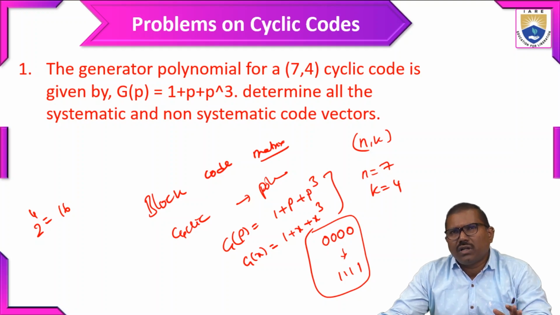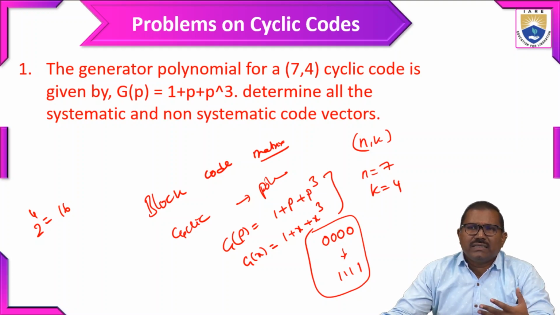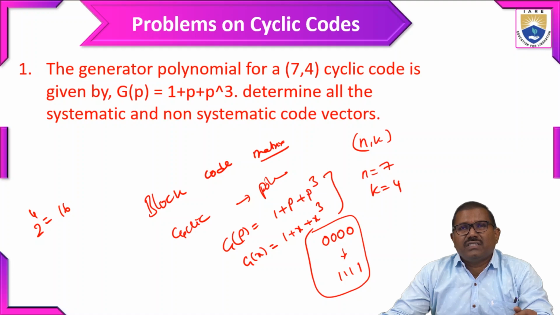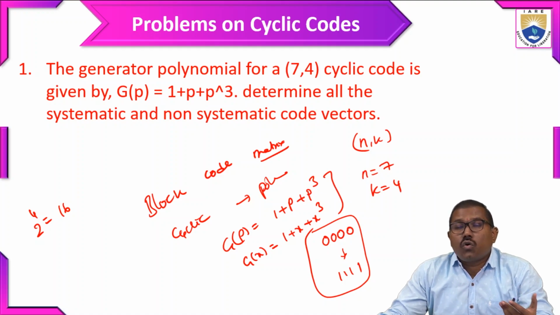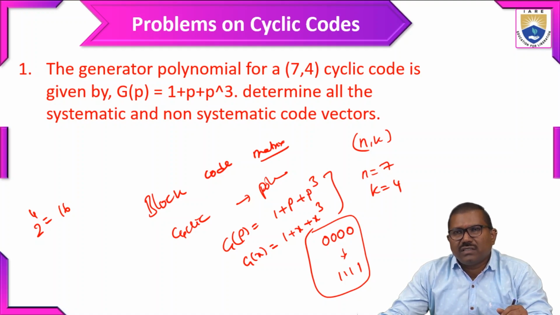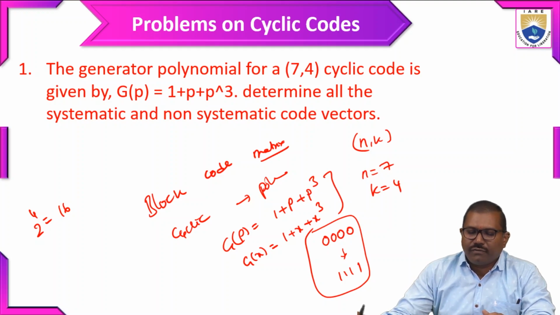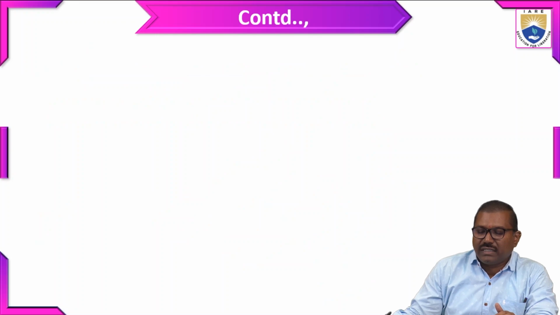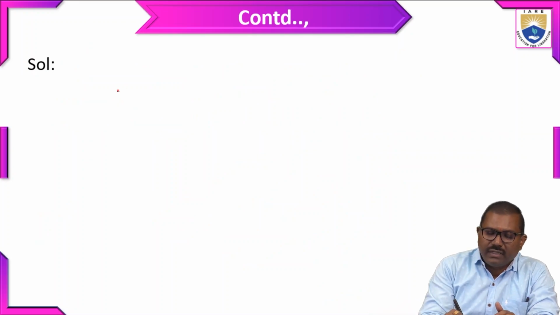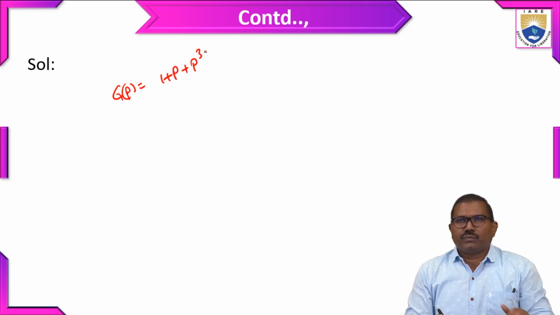Similarly, in the cyclic code also, we can generate the 16 code polynomials by using the 16 message polynomials. The given generator polynomial is nothing but 1 plus p plus p cube.